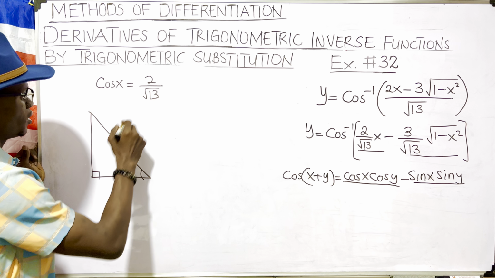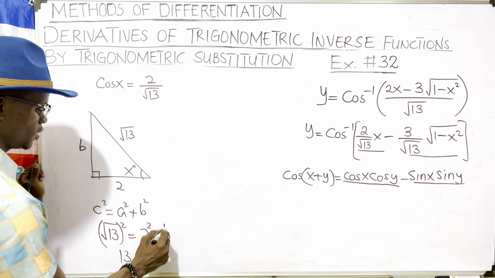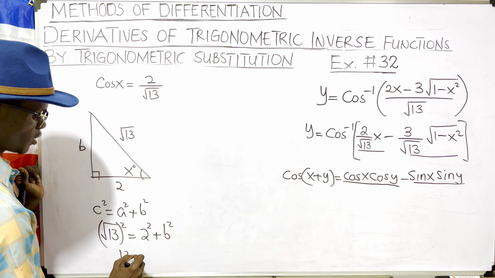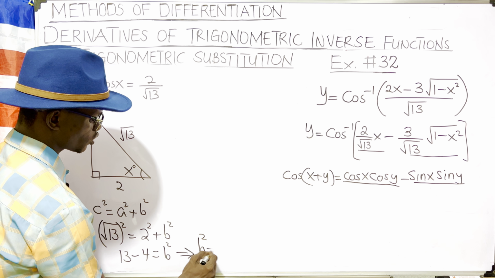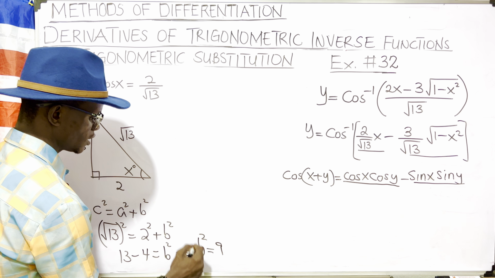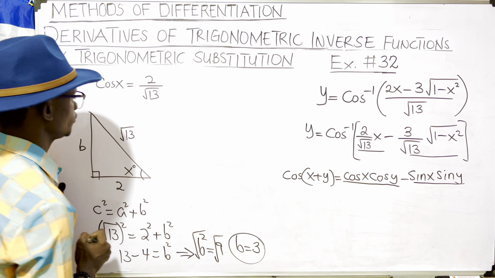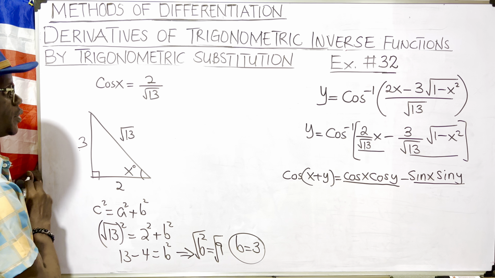C is the hypotenuse, so it's the square root of 13 all squared, which is just 13. Consider this 2 to be a, so it's 2 squared plus b squared. 2 squared is 4. We send it across, it becomes 13 minus 4 equals b squared. So 13 minus 4 is 9, so b squared is equal to 9. Taking the square root on both sides, b is equal to 3.